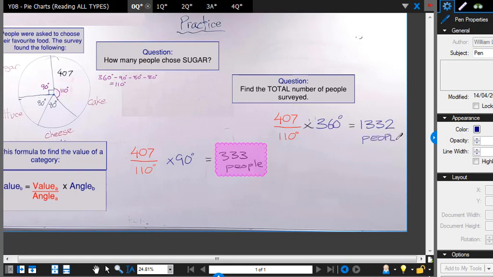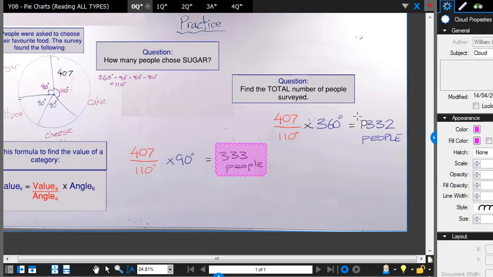An easy way to do it is, well, 3 times 333 is 999, so we need 4 times it, so we just add 333. Anyway, you can do it on a calculator. Piece of cake. So that's that. Hope that makes sense.